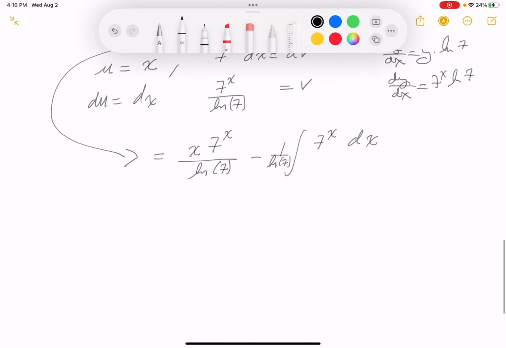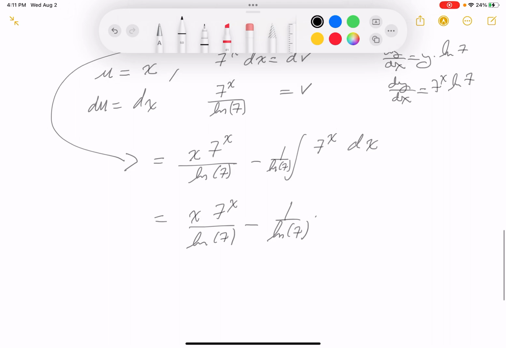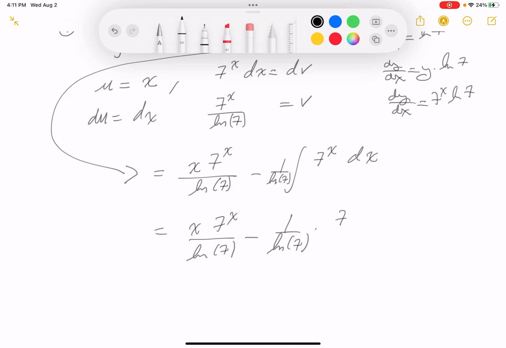All right? I think I can integrate. What do you get? x times 7 to the x over ln 7 minus 1 over ln 7. And what's the antiderivative? Well, we just did it. It's going to be 7 to the x over ln 7 plus c.